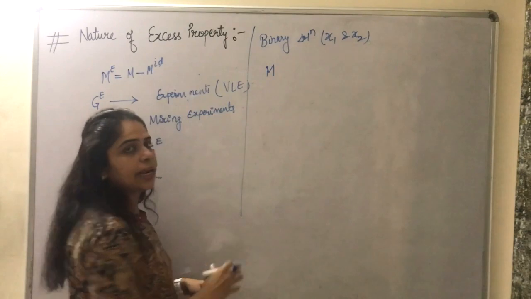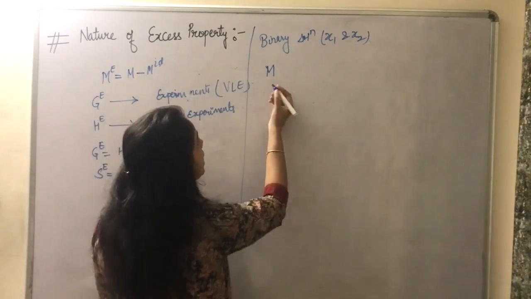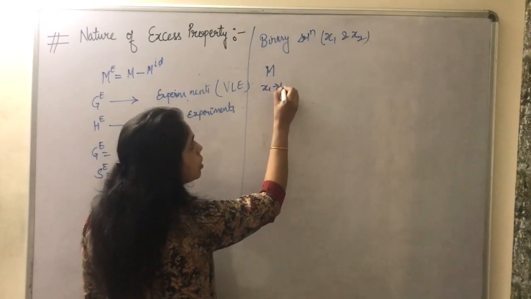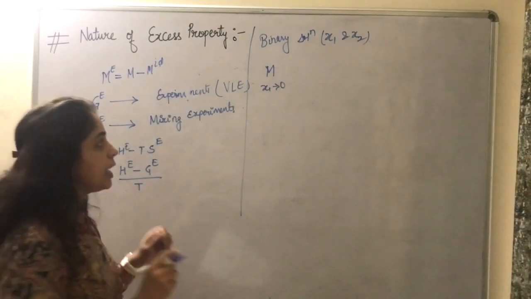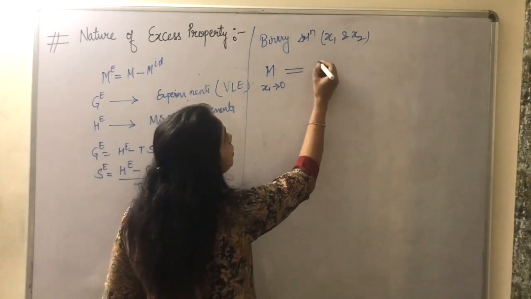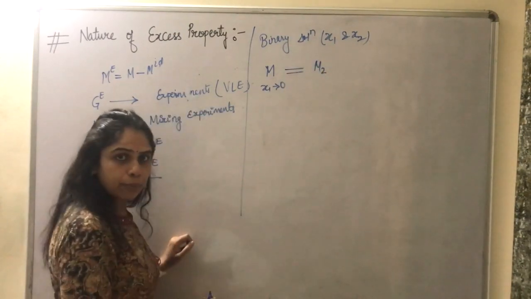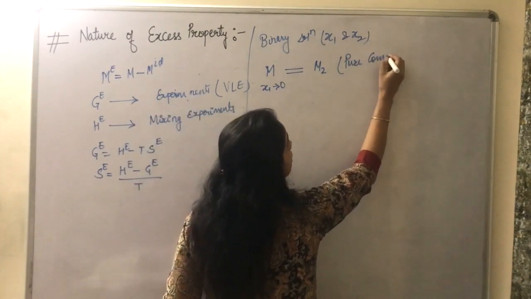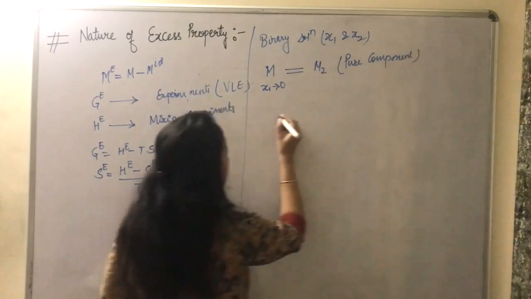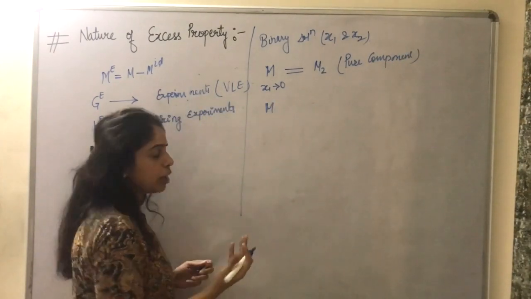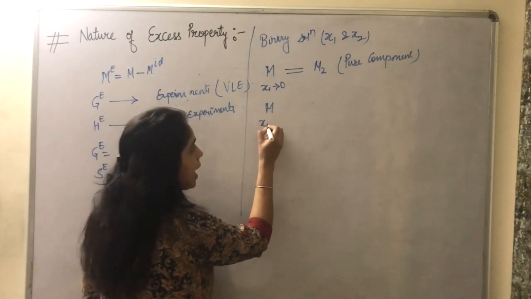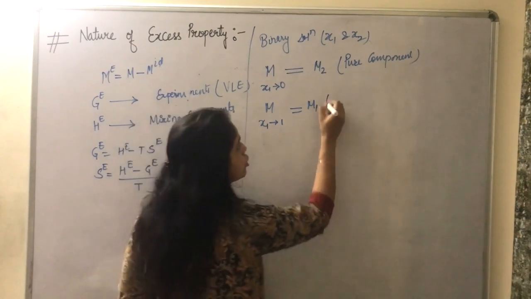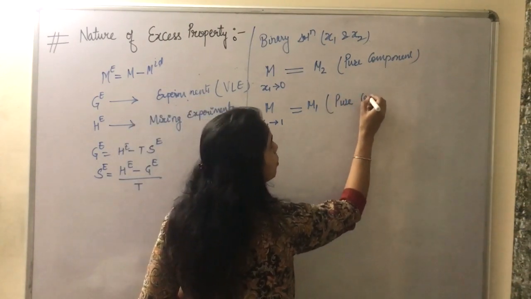So M, which is any thermodynamic property, if x1 tends to 0, then there will be only M2, which is a pure component, right? And M, again any thermodynamic property, when x1 tends to 1, then we have M1, which is also a pure component.